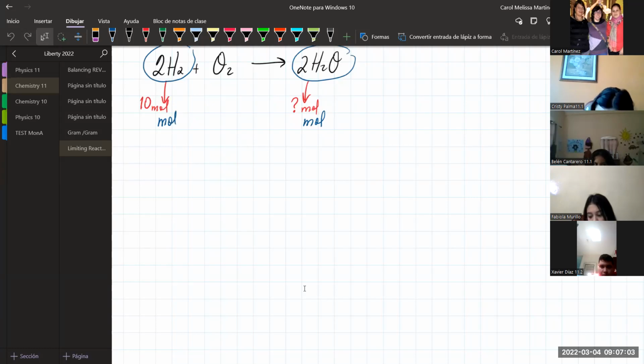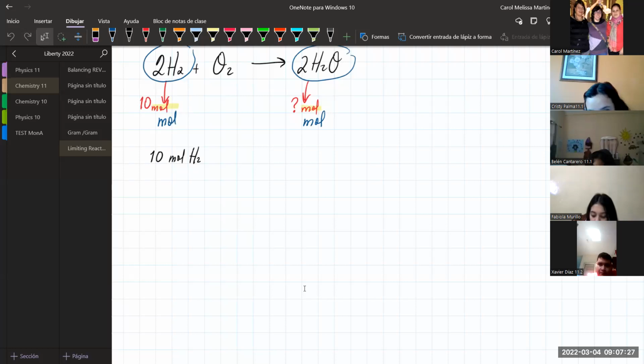So I begin with my given, and I say 10 moles of hydrogen. Now, if I'm relating moles and moles, what procedure do I have to make? Mole ratio. Yes, mole ratio.